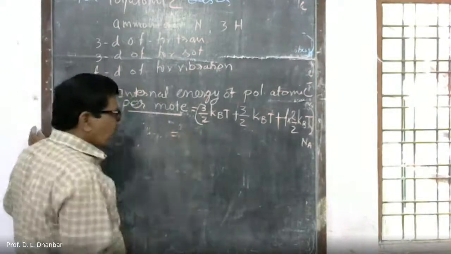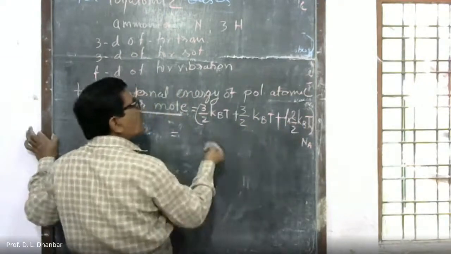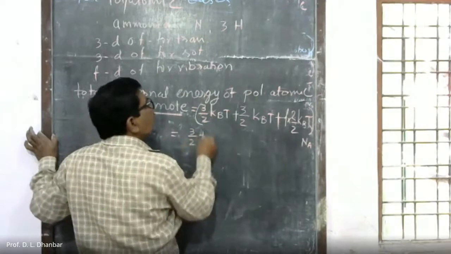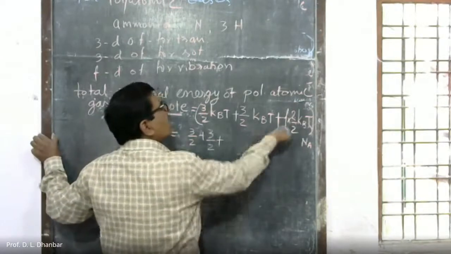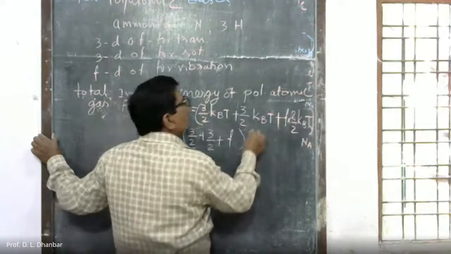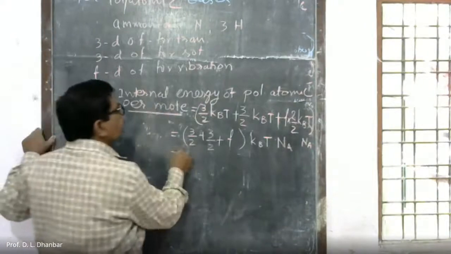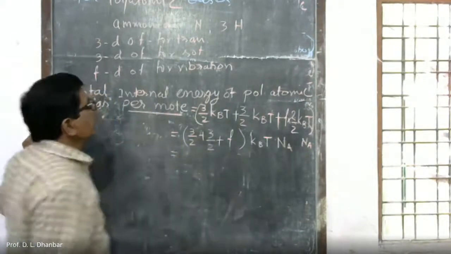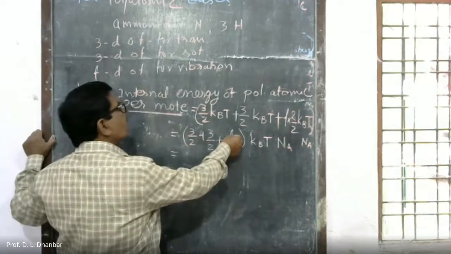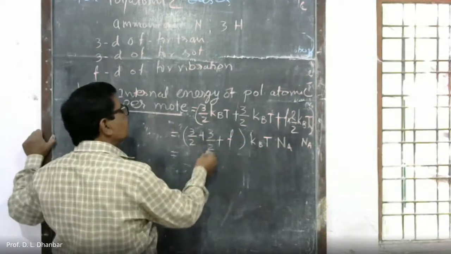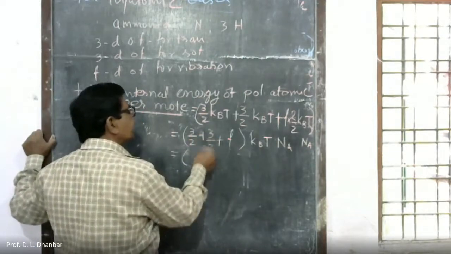So this comes out to be 3/2 kB T, 3/2, and this is f. kB T is common, so I can write it as 3/2 plus 3/2 plus f, into kB T into Na. So 3 plus 3 is 6, 6/2 means 3.